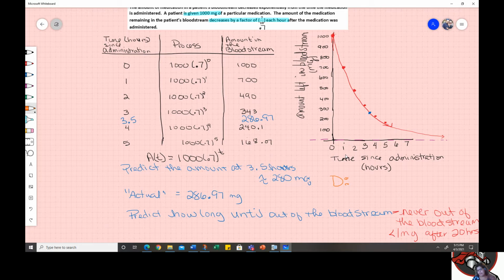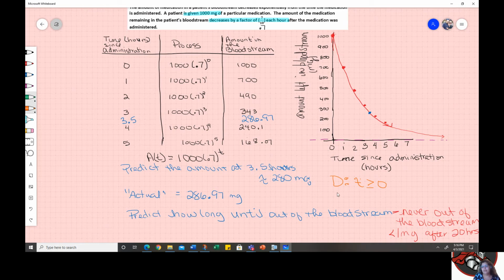We can continue putting numbers to infinity, and we will get a value out. It's going to be a super tiny value, but it will get a value out. So our domain, in this case t, is going to be greater than or equal to 0. It's going to start at 0 and continue getting bigger.